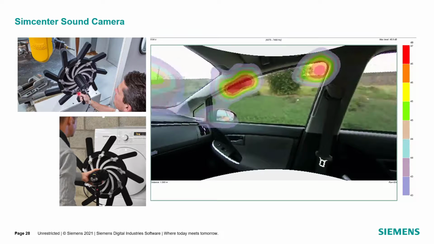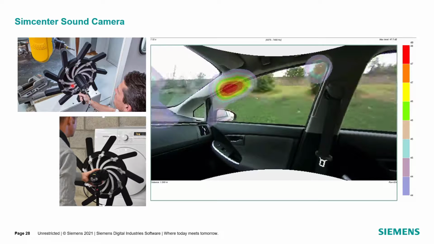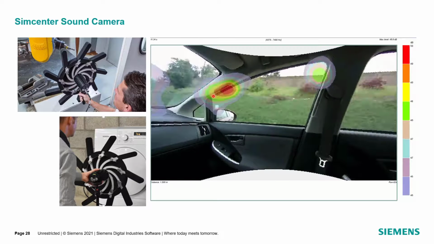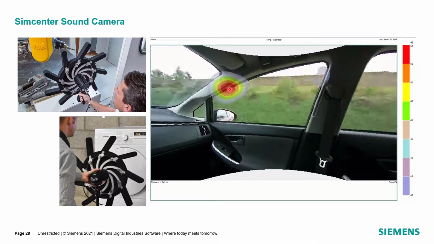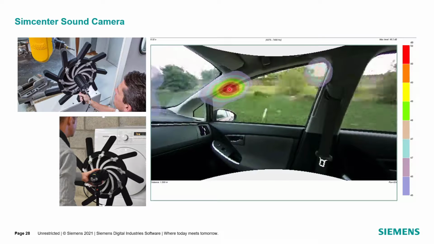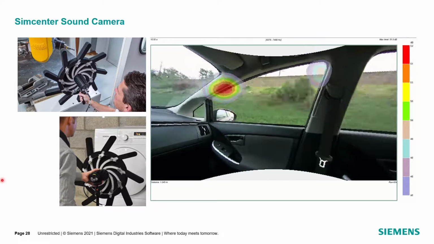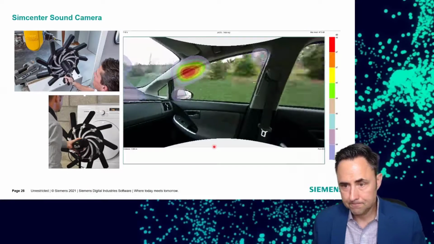But it's even got a handheld grip where we could just walk around our component and look at it from all different angles. Essentially, the processing you're seeing in this video is being done in real time, so it makes it a very powerful diagnostic tool where we can do sound source localization.